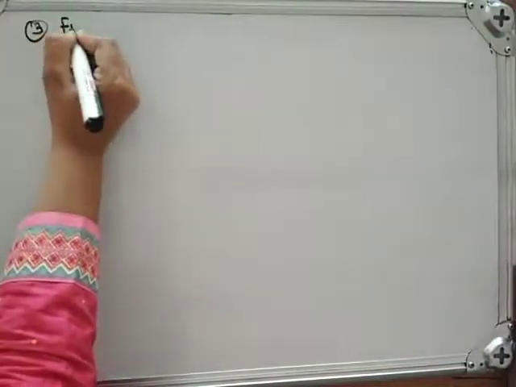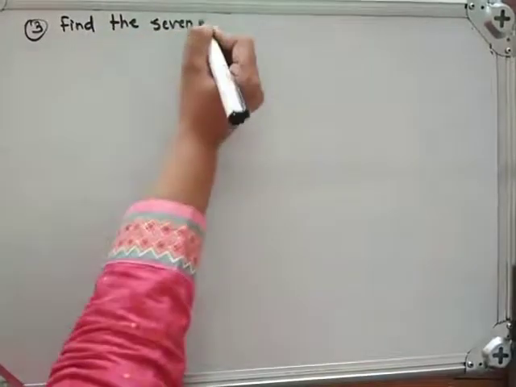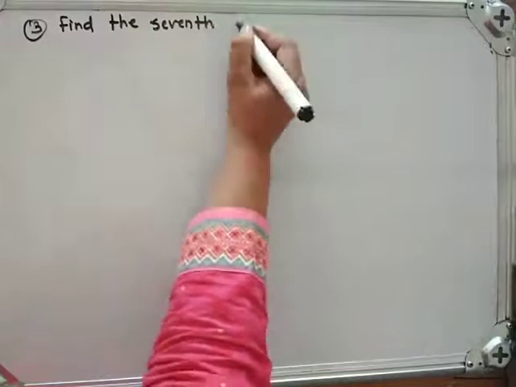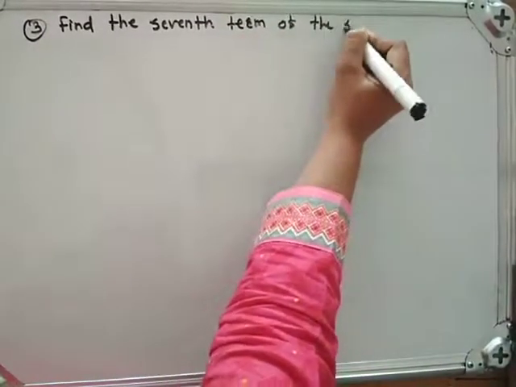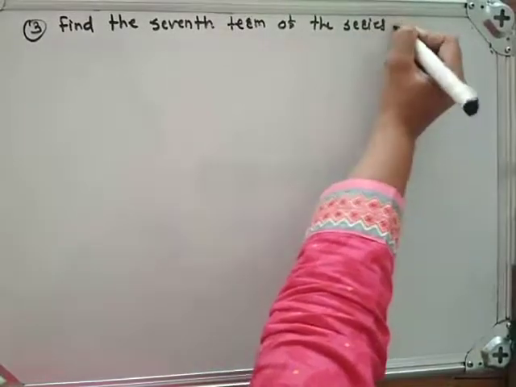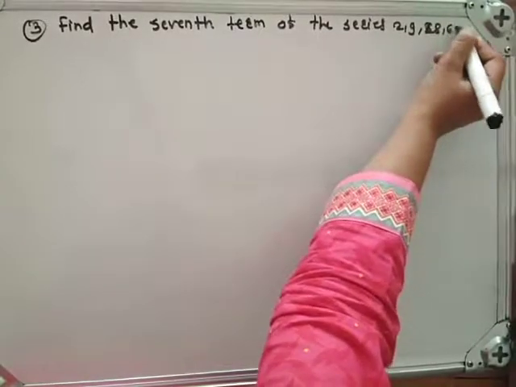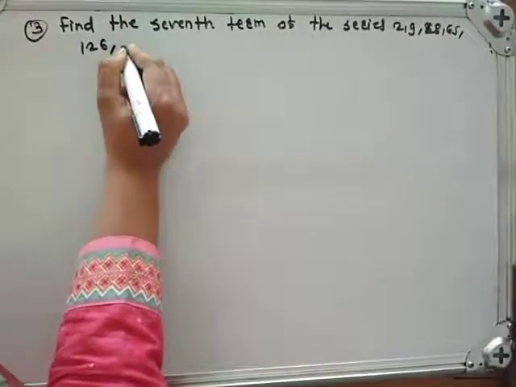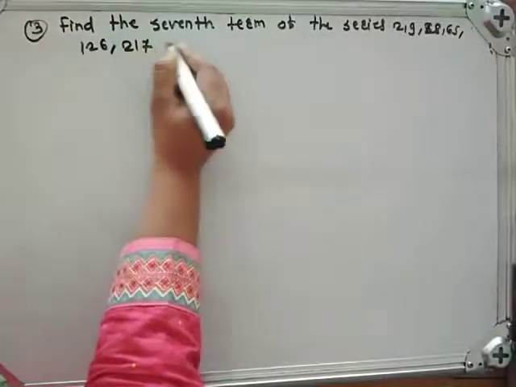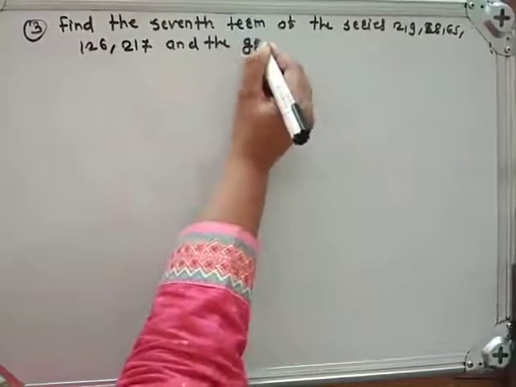Okay. Let us take next example. Find the seventh term of the series 2, 9, 28, 65, 126, 270, and the general term.